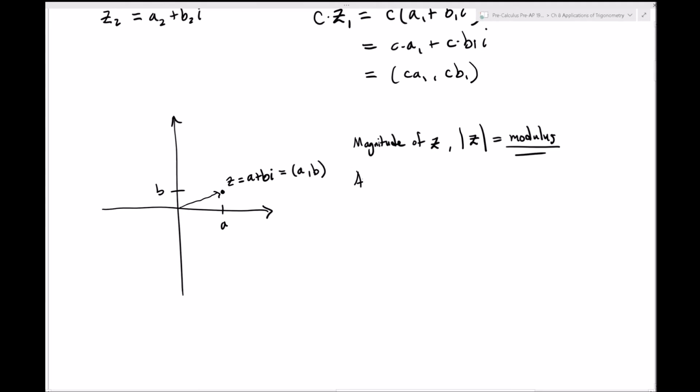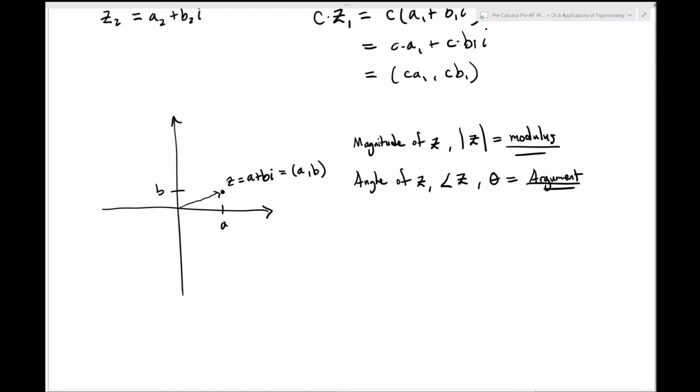The angle of Z, which a lot of the times we just call the angle of Z. A lot of the times that's the symbol for it, which we just call theta. The name for that is the argument.